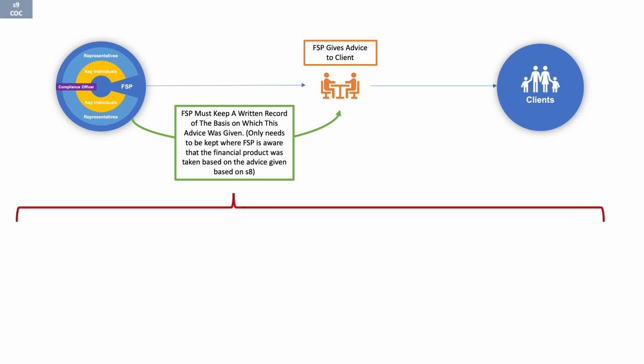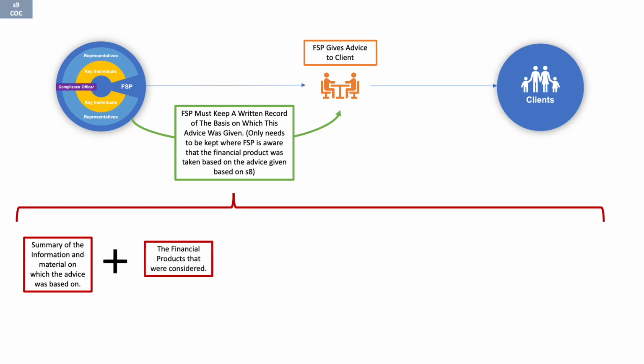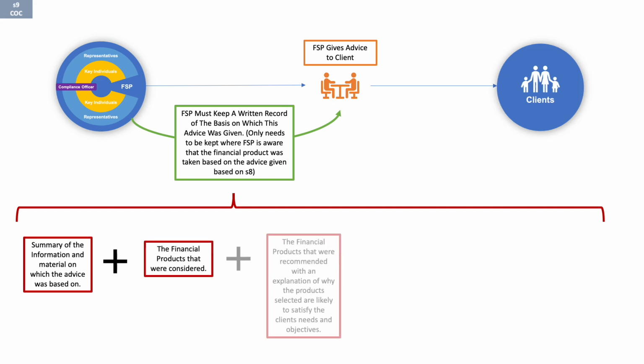The record of advice must include the following: a summary of the information and material on which the advice was based, the financial products that were considered, and the financial products that were recommended, with an explanation of why the products were selected and are likely to satisfy the client's needs and objectives.